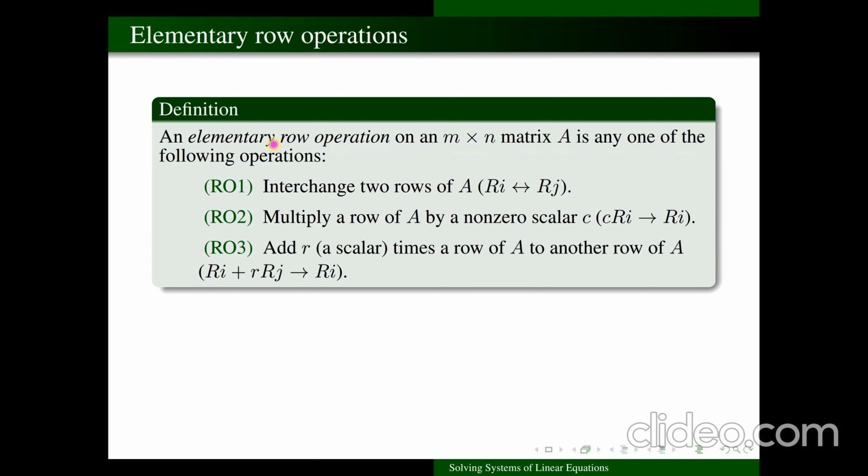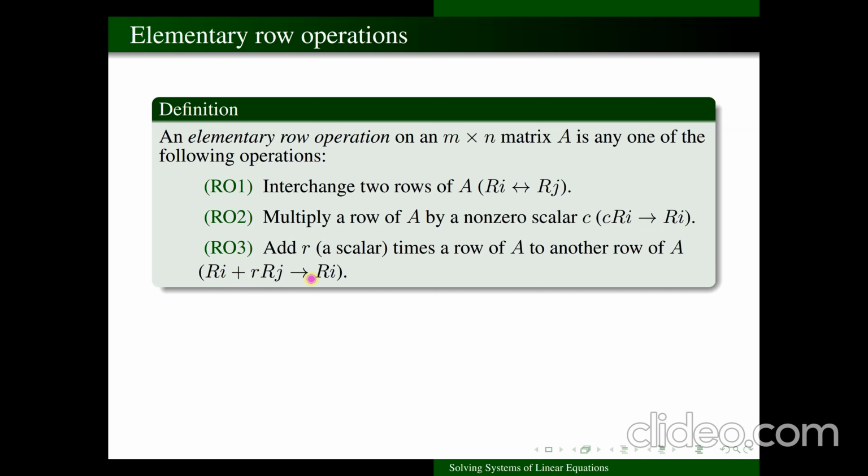RO1 is the operation of interchanging two rows of A. If row i and row j are interchanged, then we use this notation to represent that operation. RO2 is multiplication of a row of A by a non-zero scalar c. If the ith row is multiplied by a non-zero scalar c, then this operation is represented by this notation.